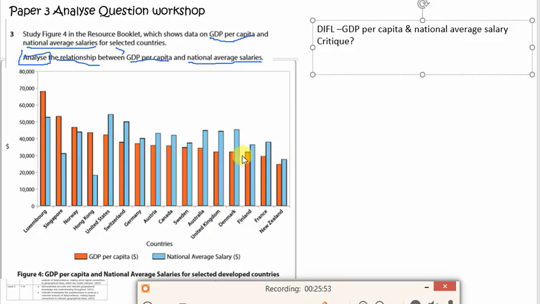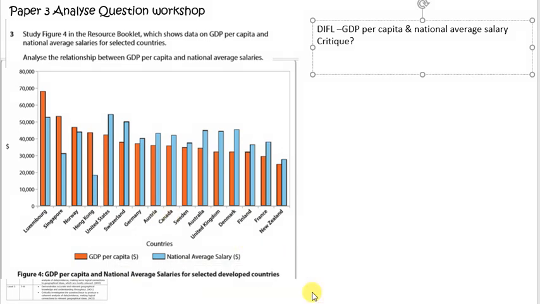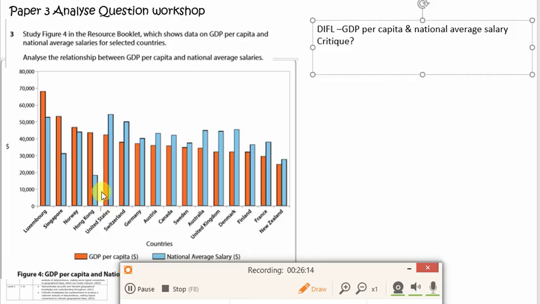It seems like all these countries to the right of Hong Kong have higher national average salaries than GDP per capita, right? So the first thing I'm going to do is draw a line.